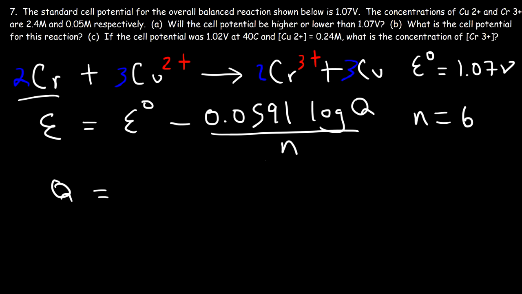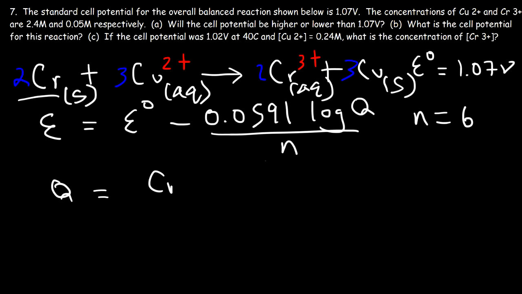Now the way you calculate Q is very similar to calculating K. It's products over reactants. Now we can't use anything in the solid state, only the stuff in the aqueous state or the gaseous state. So chromium 3 plus is in the aqueous state and it has a coefficient of 2, so we need to square it.